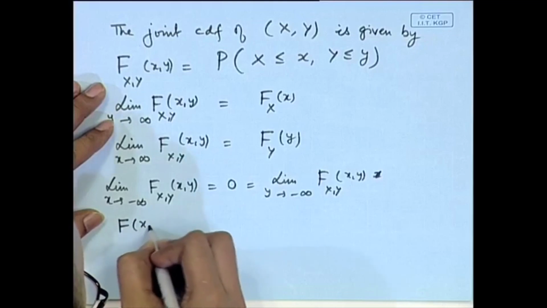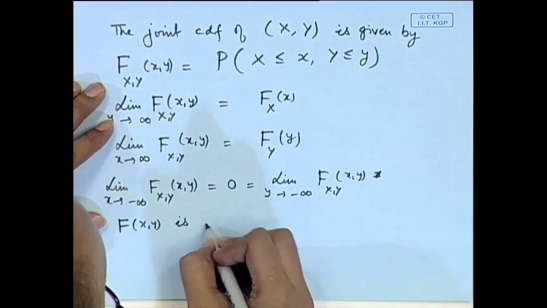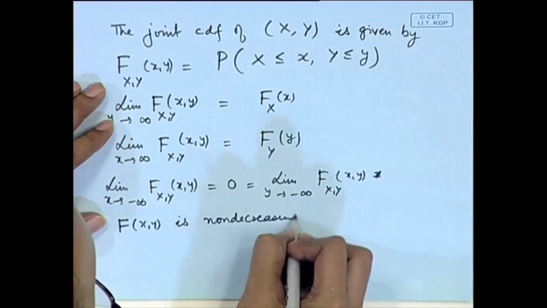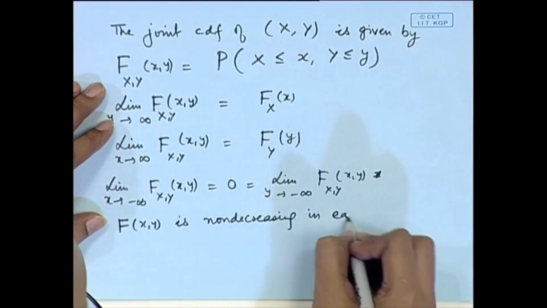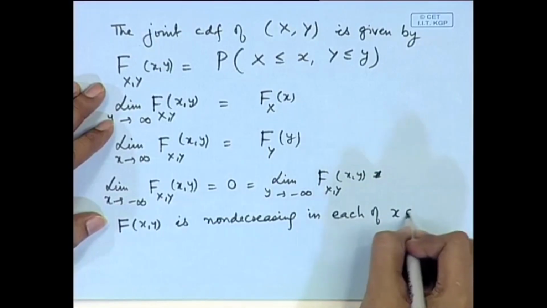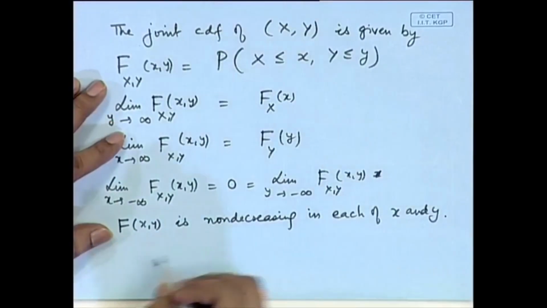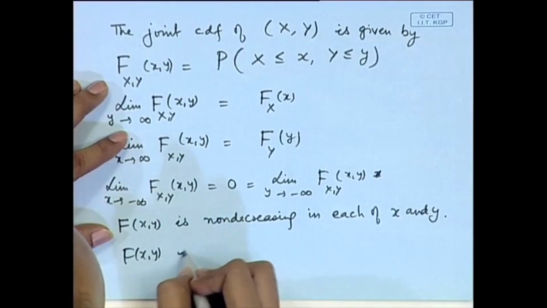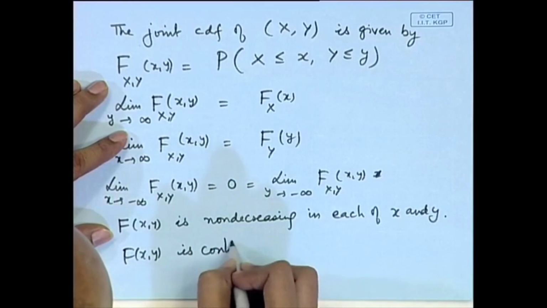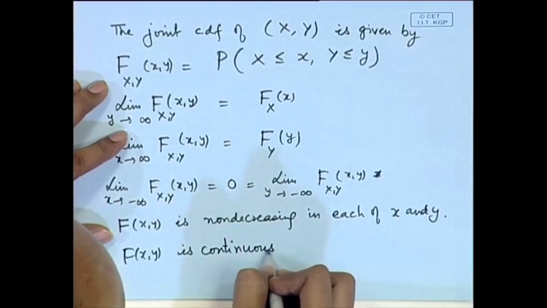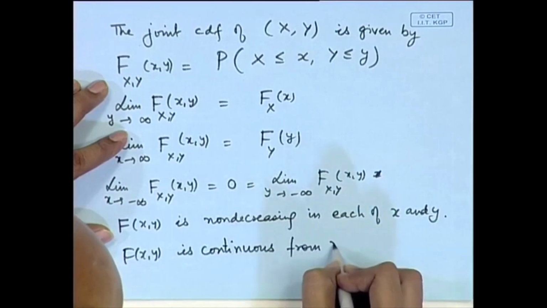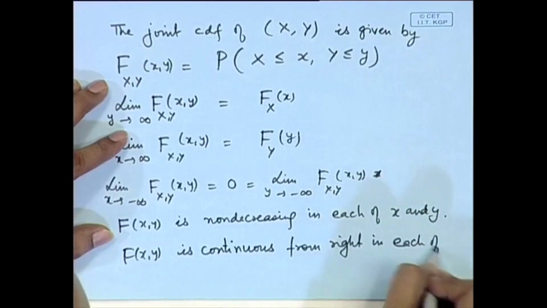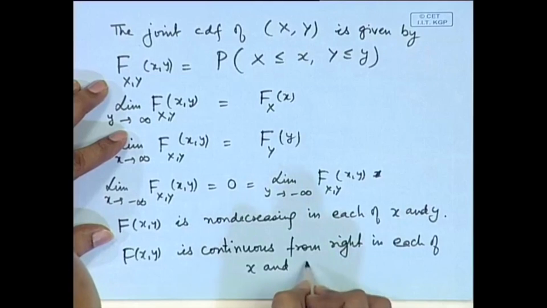F x y is non decreasing in each of x and y. F x y is continuous from right in each of x and y.